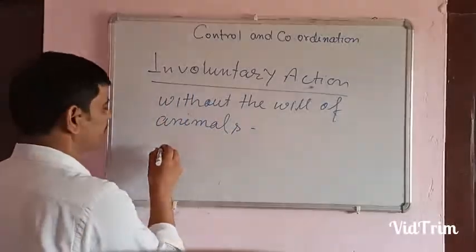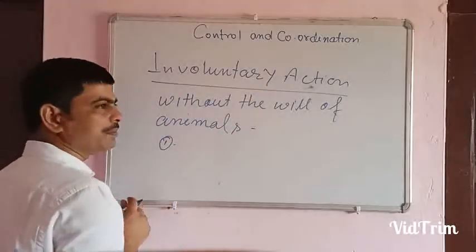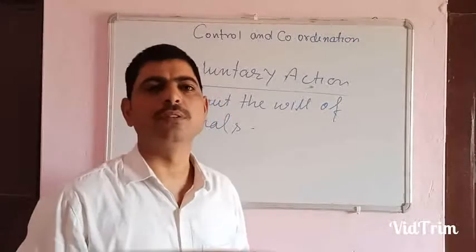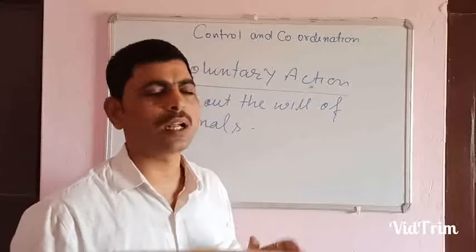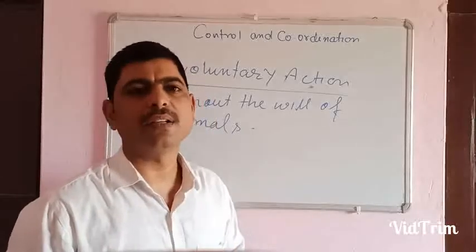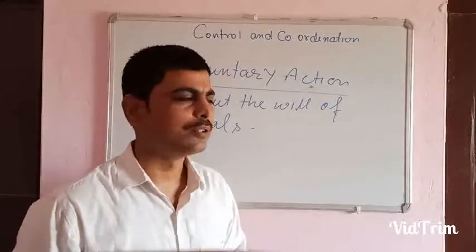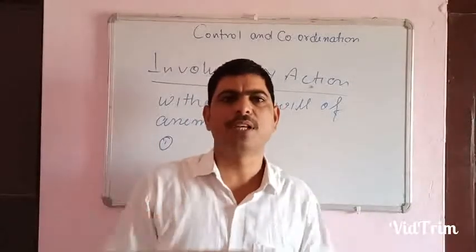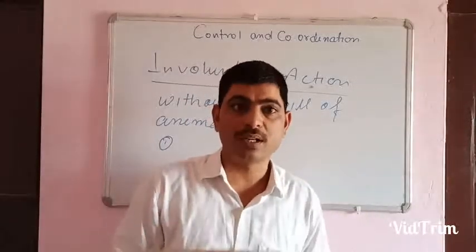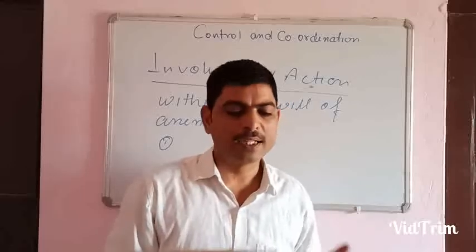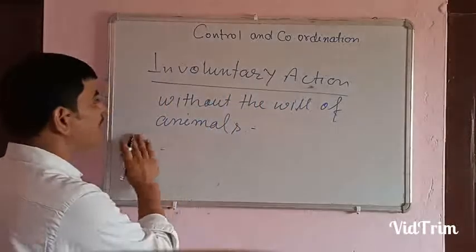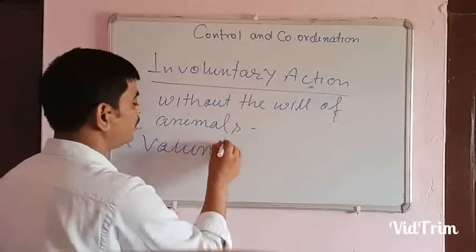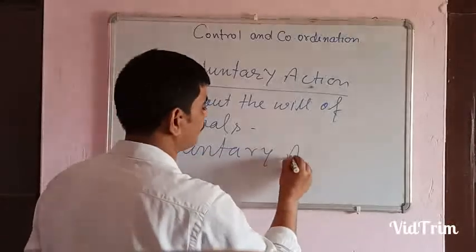Like you can take the example of the movement of the diaphragm every time we breathe. It is not under our control. Beating of the heart is not under our control. So such types of actions which are not under the control of the will of the animals are called involuntary actions.